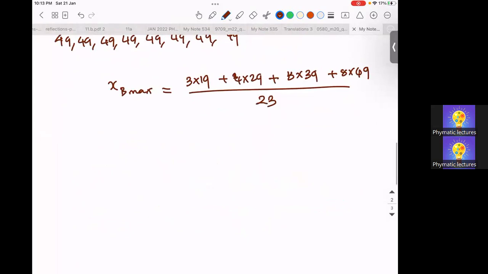Therefore, if you want to find the minimum difference, that is XA minimum minus XB maximum. So please calculate it.